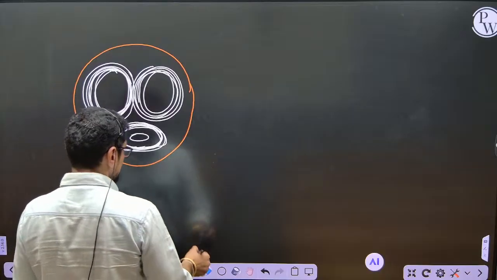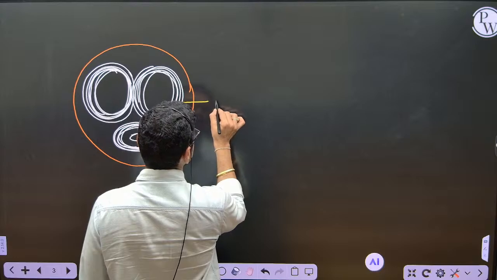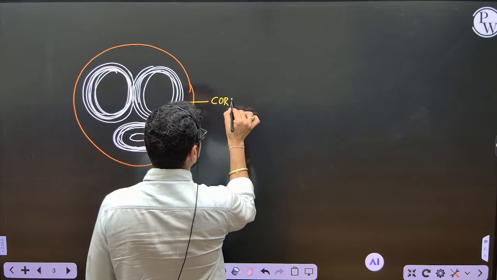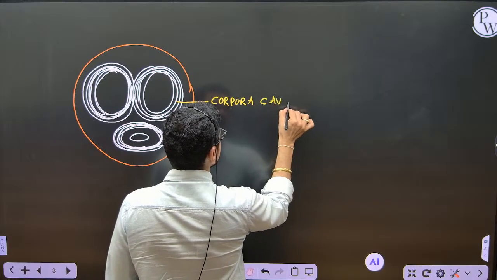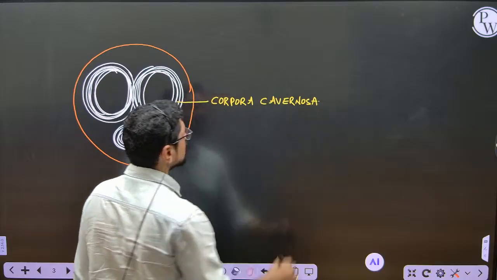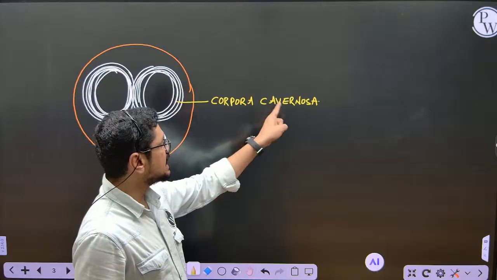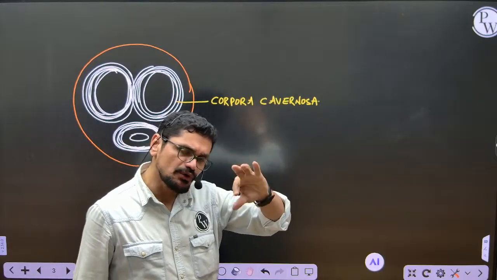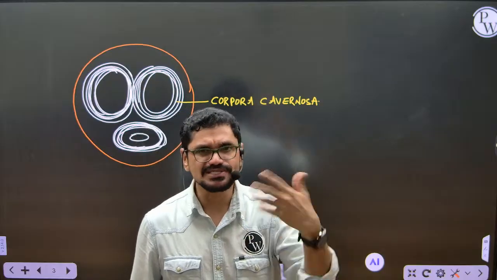What is the special tissue? The name of the special tissue is corpora cavernosa, C-O-R-P-O-R-A, C-A-V-E-R-N-O-S-A, plural. You have to remember. If you say it along with me once or twice, these words will come to you easily.